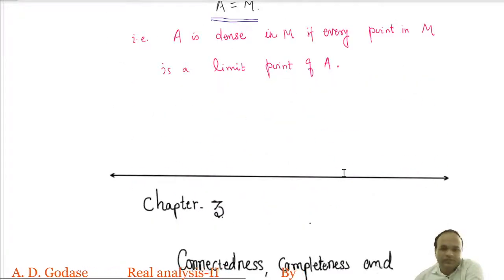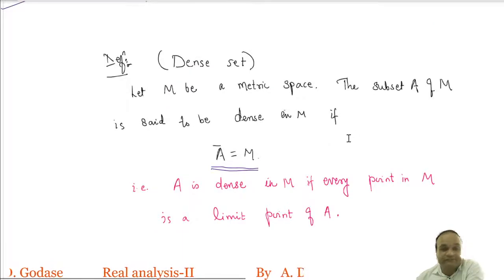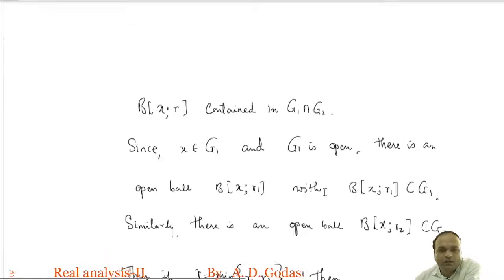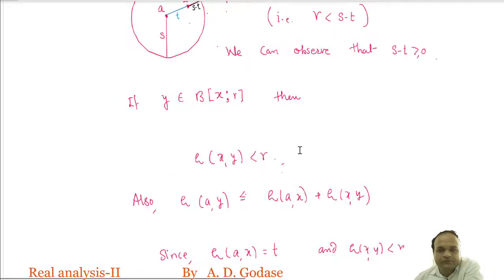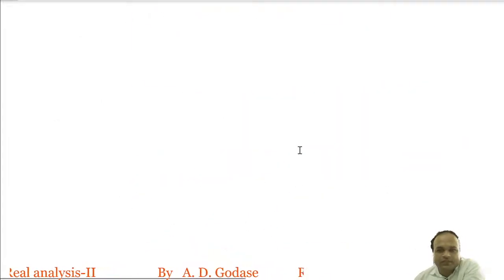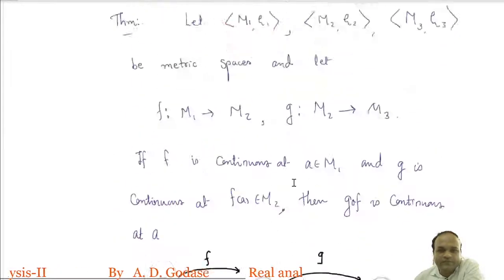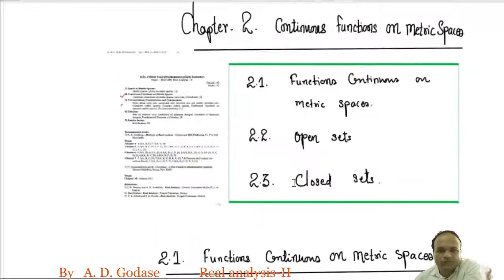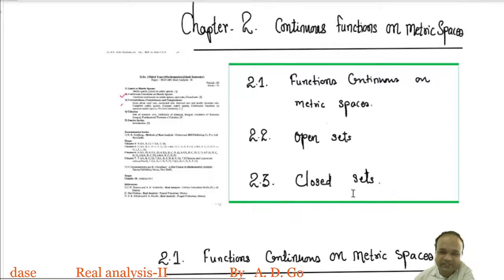So this is the end of the chapter. Let me revise what we have seen in the chapter. The title of the chapter was continuous functions on matrix spaces. In that we have seen three points: functions continuous on matrix spaces, open sets, and closed sets.